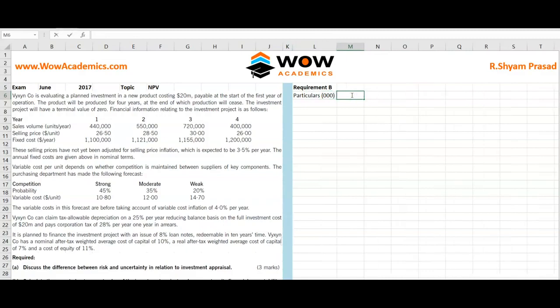And we'll have a working note so that if there's any working note we use, we can refer back to it. We will also start with the years: the 0th year, 1st year, 2nd year, 3rd year, 4th year, and 5th year.